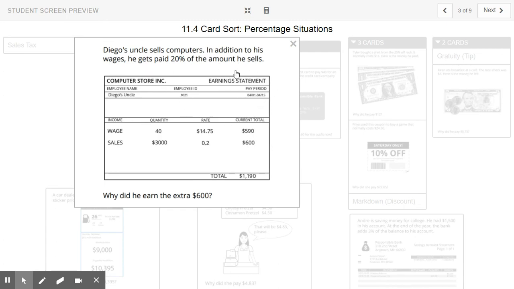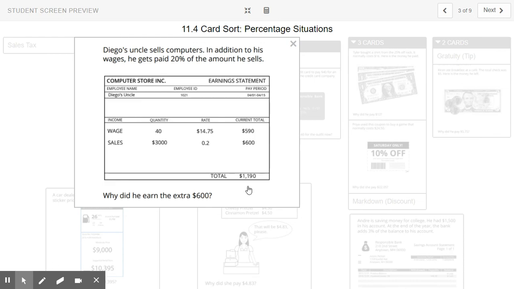However, he also gets 20% of the amount of computers he sells. So in this case, he also gets a sales income. So he sold $3,000 worth of computers. He made 0.2, that's 20%, right? 0.2 is 20%. So therefore, the amount of money that he made off of selling the computers was $600.